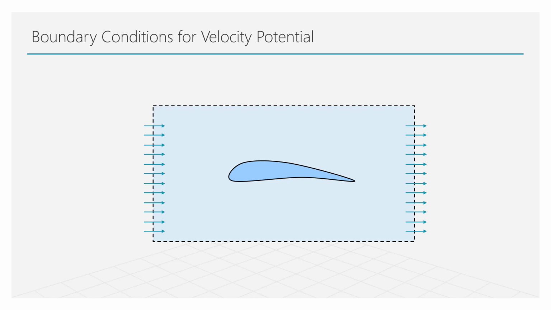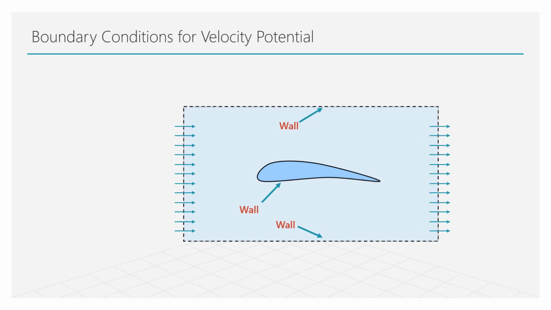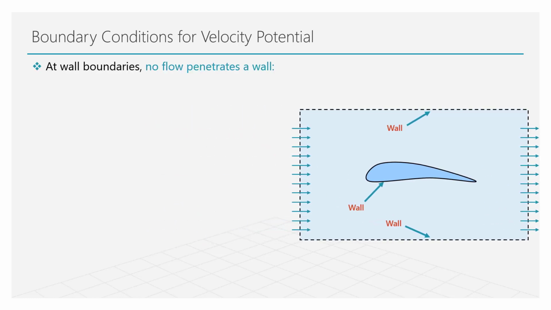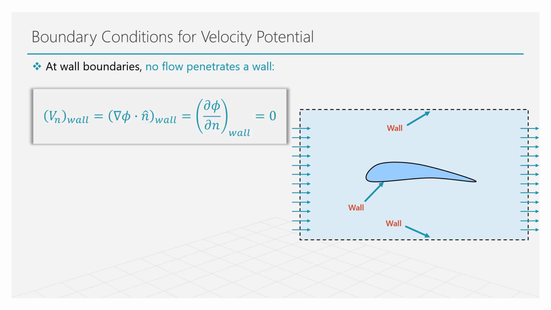The airfoil is a solid object and will be designated as the wall. We will also designate the top and the bottom faces of the domain as walls. Physically, a wall boundary imposes that no flow can pass through it. Mathematically, this means that the normal component of velocity at the wall is 0.